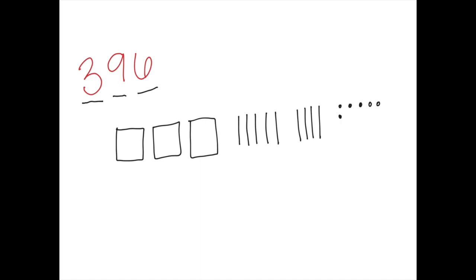Now, I am going to be counting by ones. So right now in my picture, I have the number 396. So what happens if I count by ones? Well, I'm at 396 right now. If I add one more, I'm going to be at 397.